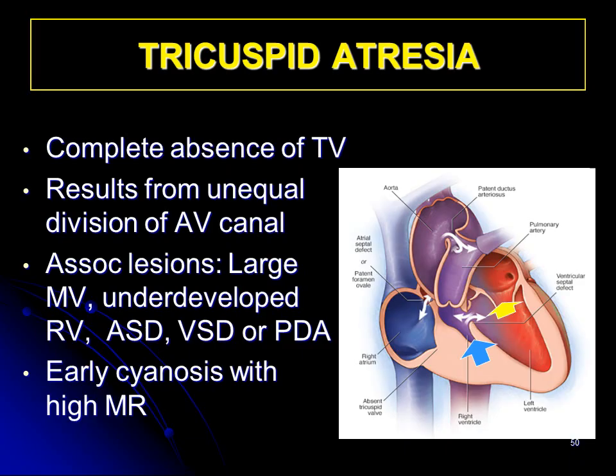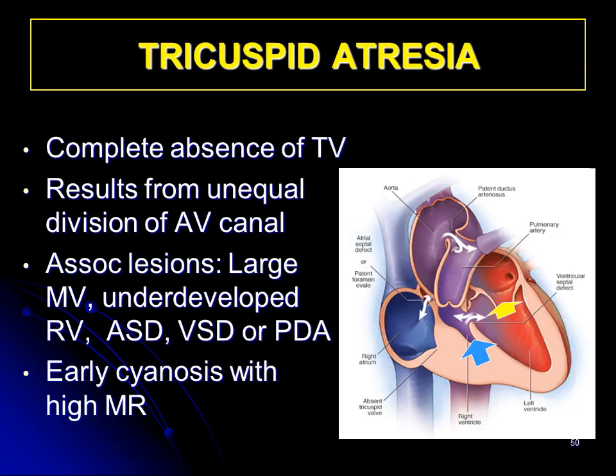An atrial septal defect must be present to maintain blood flow from right to left to allow access to the lungs. Other findings may include a large mitral valve that is seen in the yellow arrow, an underdeveloped right ventricle that is seen in the blue arrow, and an atrial septal or a ventricular septal defect which are seen in the white arrows.